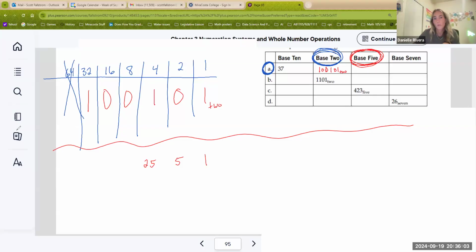And then we wouldn't go any higher than 25 because that would be more than 37. So 25 only goes into 37 once. Then we have 12 left over, so 5 can go into 12 twice. And then we would have 2 left over, so we would have 2 groups of 1.